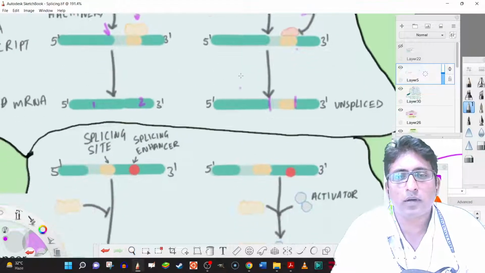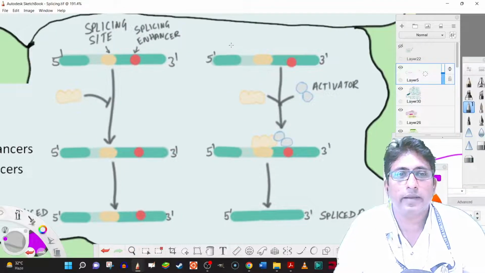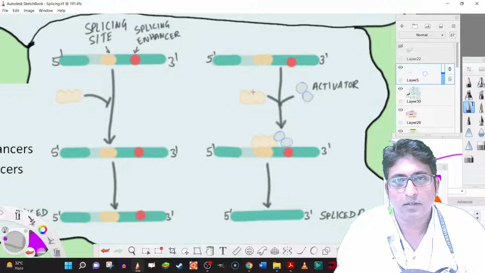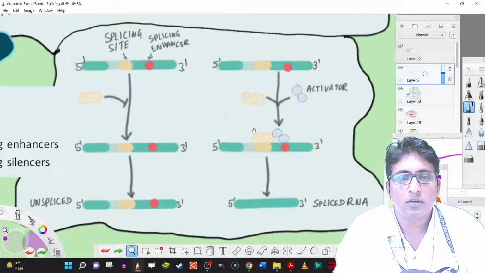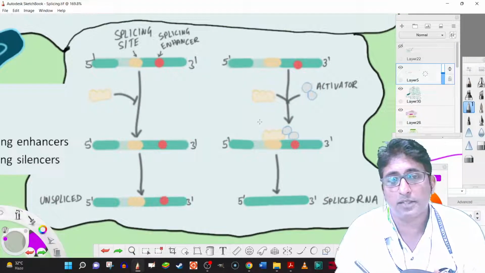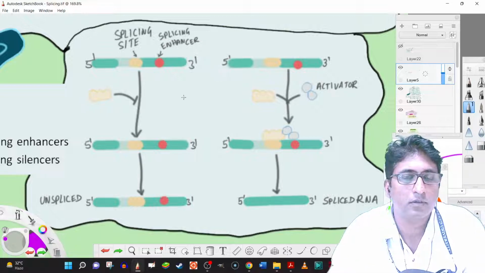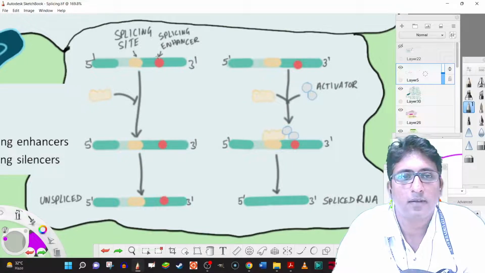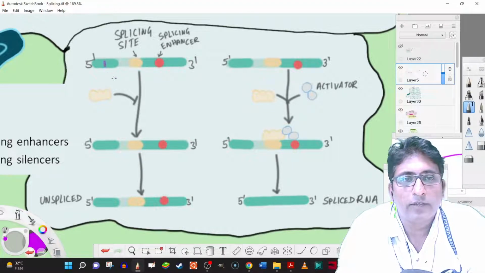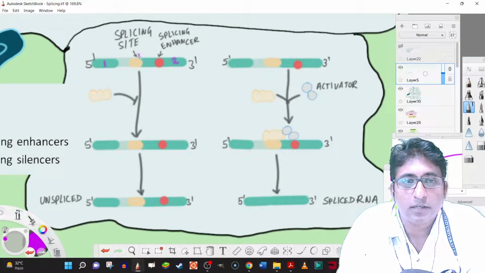There are also other types of proteins which can enhance splicing. This is especially important when the 5' splice site and 3' splice site have sequence disparities. So here we have exon 1 and exon 2, and there is a splicing site here.